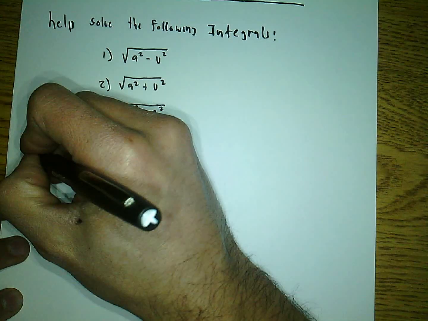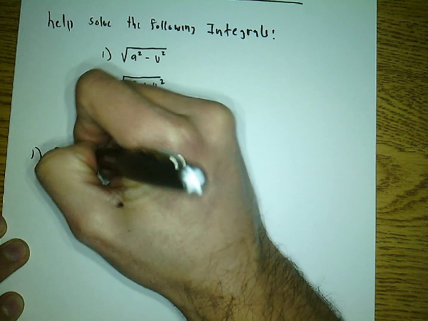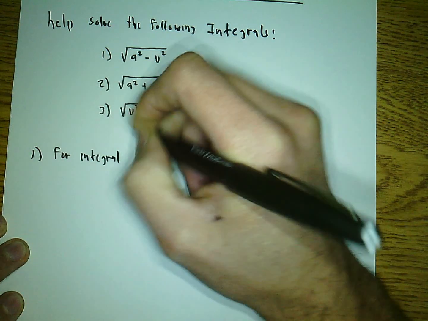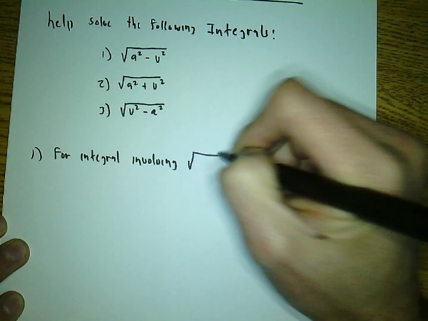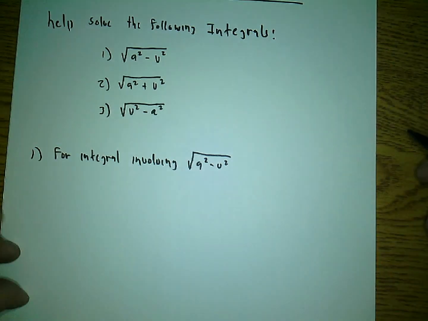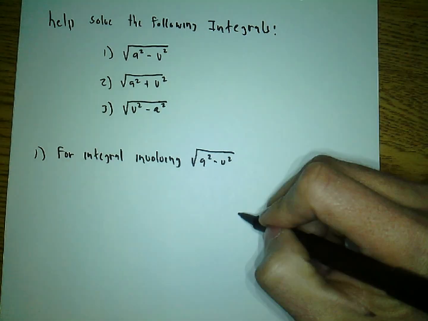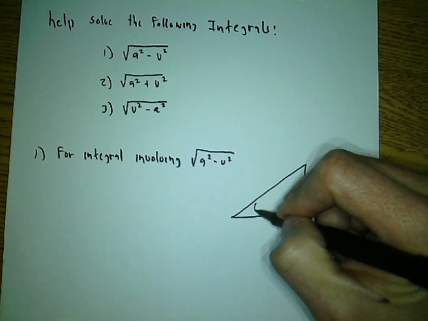So for the first one, number one, for integrals involving the square root of a squared minus u squared, we're going to draw a right triangle. We're going to label that angle as theta.